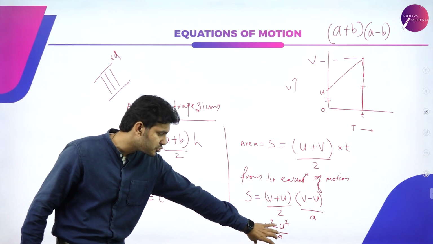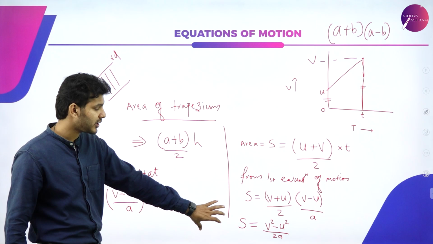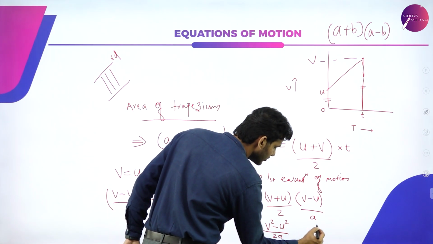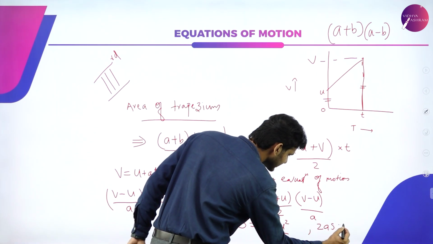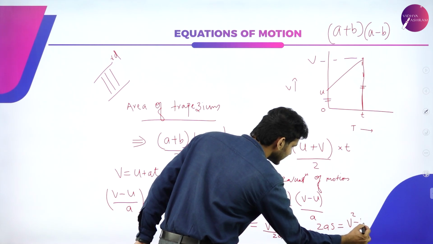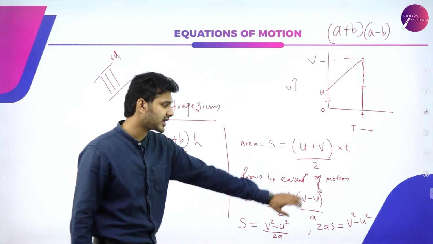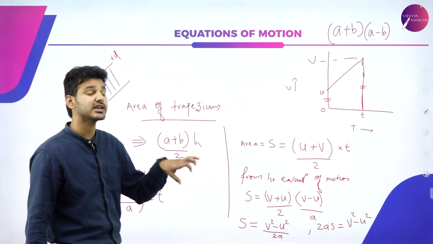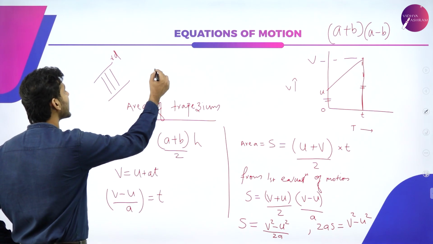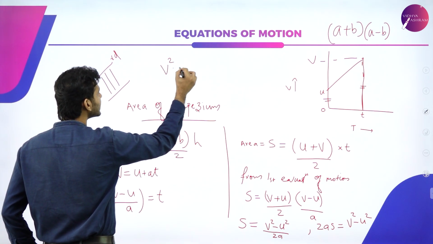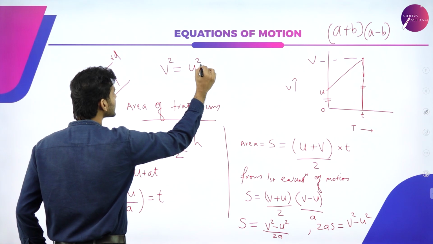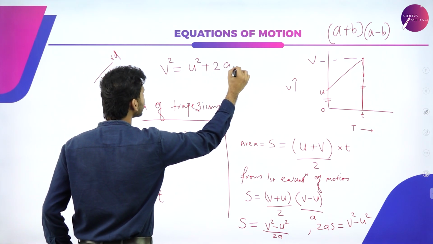I'm going to take this 2a to this side, so it is 2as is equal to v square minus u square. If I take that u square also to the side, I can rearrange and write this equation as v square is equal to u square plus 2as.